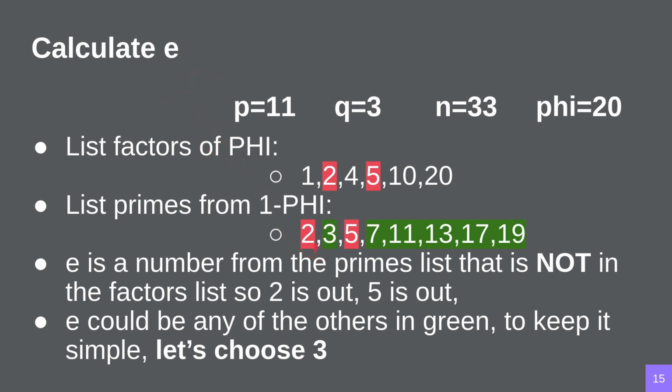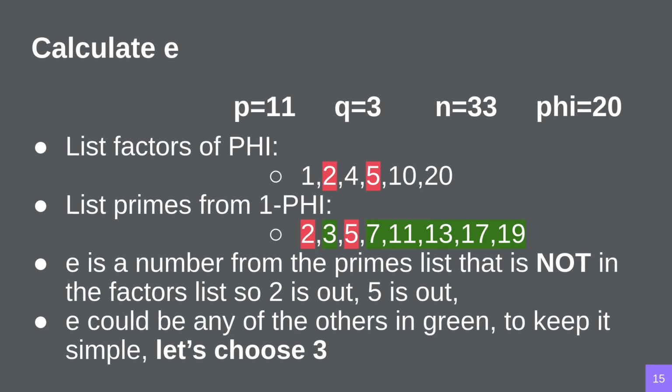So it can't be 2, because 2 divides evenly into 20. It can't be 5, because 5 divides evenly into 20. But it could be any of these other ones, and I've highlighted those in green to show that it could be those, and the ones in red to show that it can't be them. Because we're working with very small numbers deliberately, we're going to choose 3, because 3 is the lowest prime number from 1 to Phi that isn't a factor of Phi.